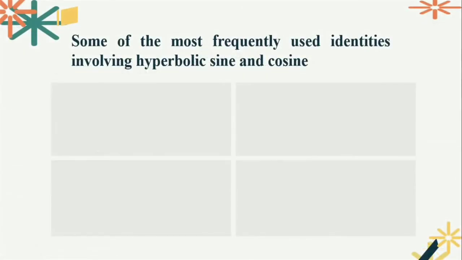There are some of the most frequently used identities involving hyperbolic sine and cosine. In here, sinh of negative z is equal to negative sinh z, and cosh negative z is equal to cosh z.